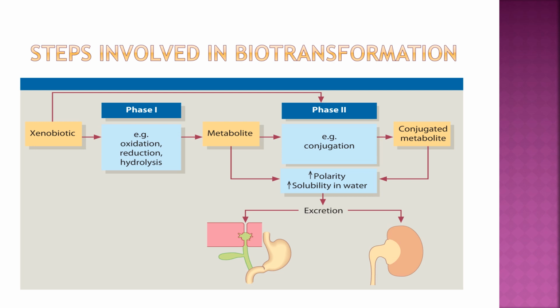Xenobiotic compounds are also involved in phase 2 reaction, that is conjugation reactions. Here the product is combined with compounds such as glucuronic acid, glycine, etc. Then it is converted to soluble form, finally excreted in the kidney.